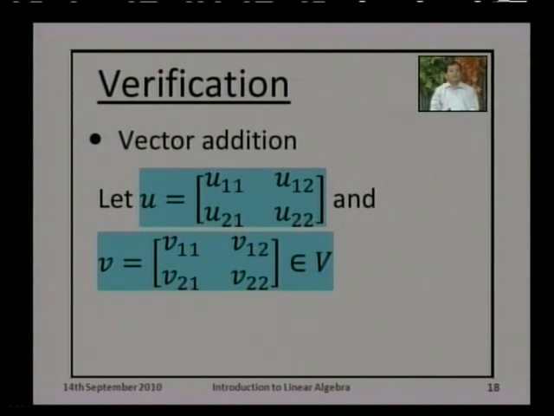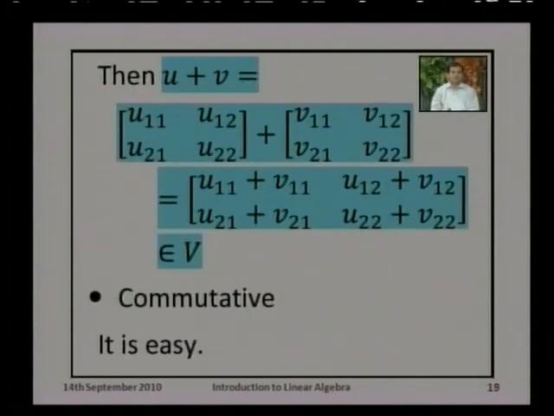Let U and V be two 2 cross 2 matrices in V. Then U plus V is defined as component-wise addition: U11 is added to V11, U12 is added to V12, U21 is added to V21, and U22 is added to V22.